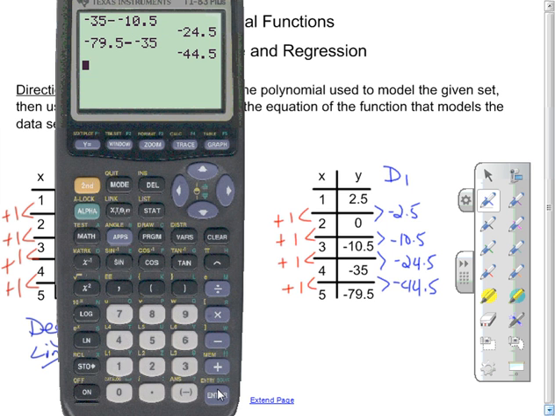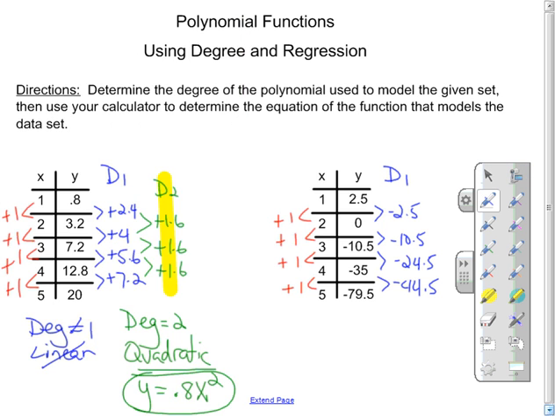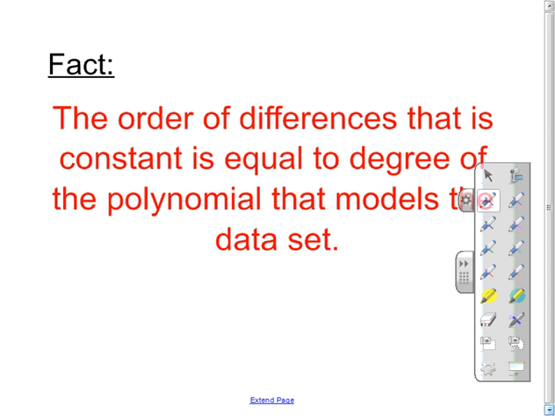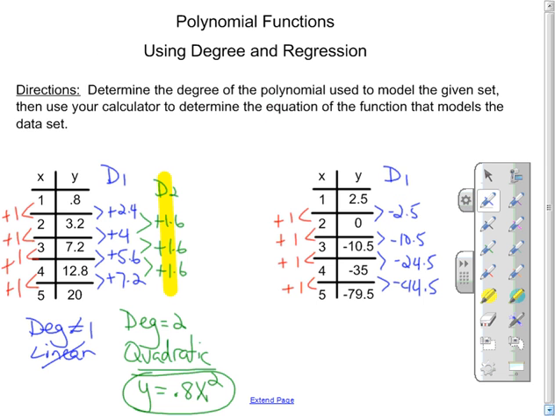So again, paying attention to the fact that the order of the differences that is constant is equal to the degree of the polynomial that models the data. Well, I do not have that D1 creates constant values. Therefore, I know that the degree is not 1 and the polynomial will not be linear.